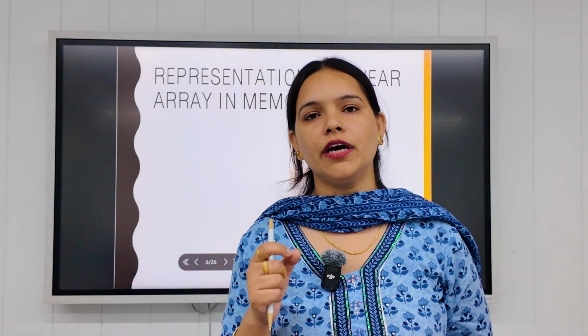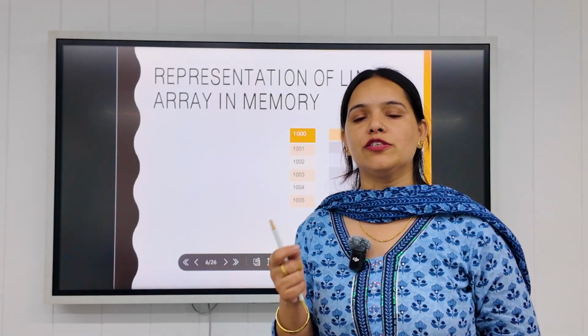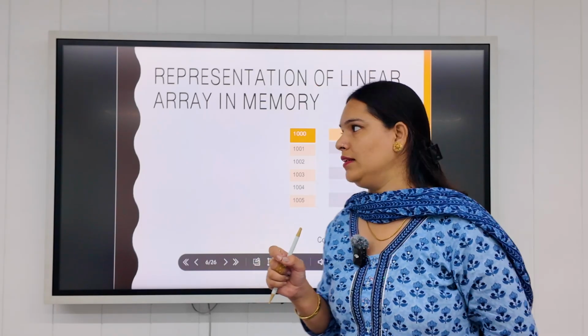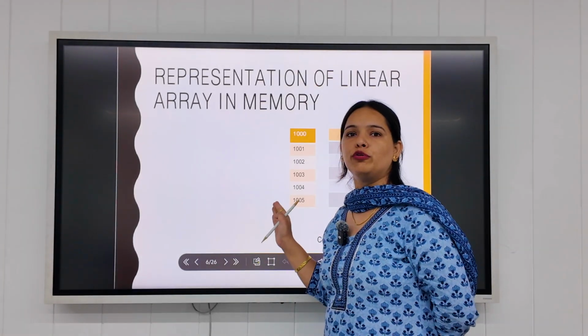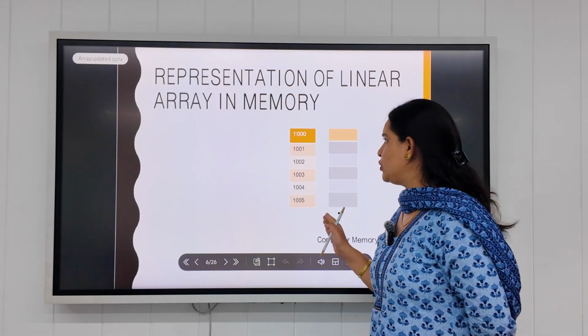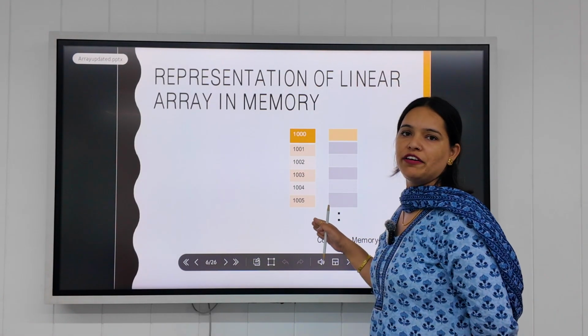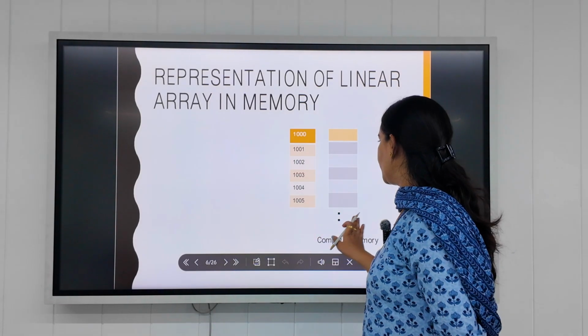Let's suppose we are storing 10 elements in the array and we are saying it is of integer type. Then it contains total 40 bytes of memory to represent the array memory location. Let's suppose these are the memory segments which we are defining to store the array.